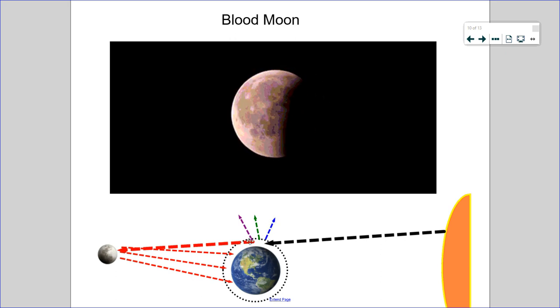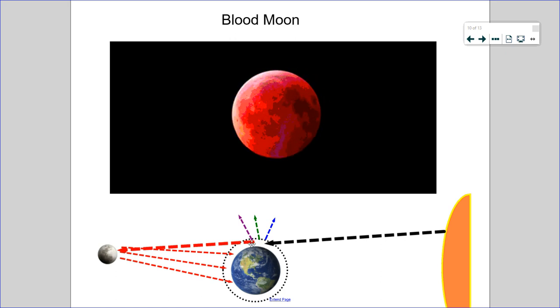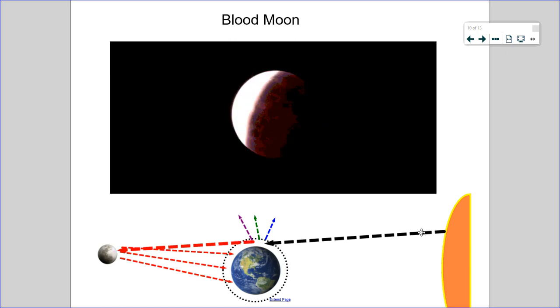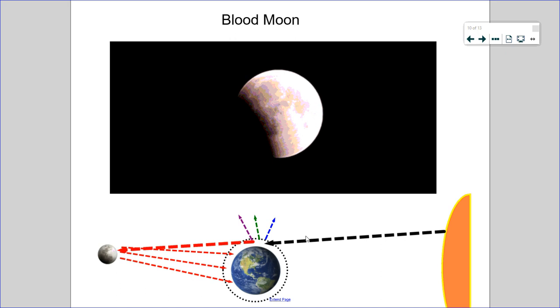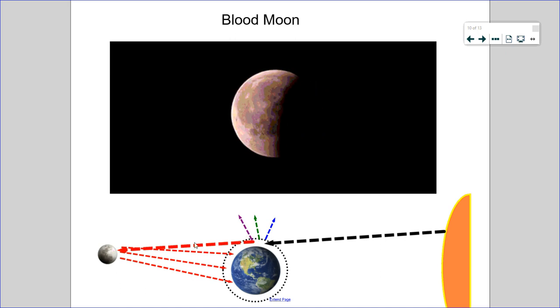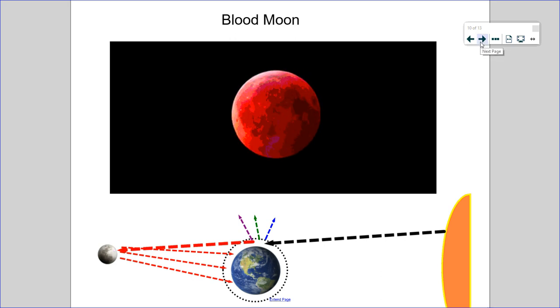The blues, the greens, and the violets are scattered, and the only one that can penetrate our atmosphere and keep going is red. So the red light hits the moon, and that's what bounces back to us. Essentially, all of the world's sunsets are being scattered away and reflected off of the moon back at us during a total lunar eclipse.